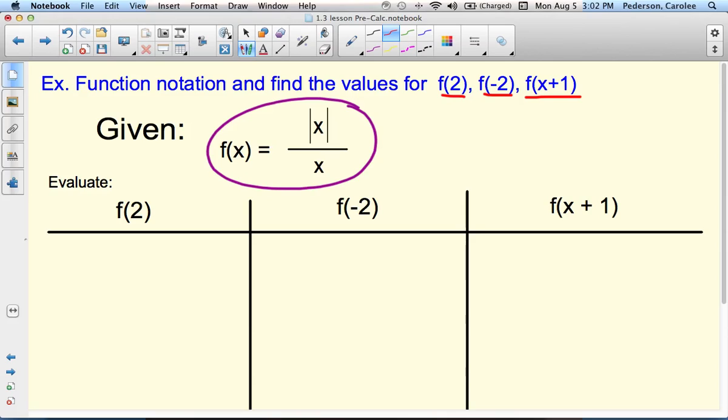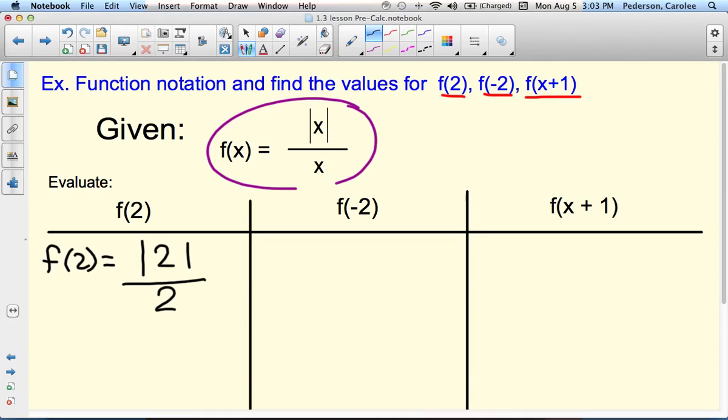So let's do f of 2. So we replace in for x and x. To find f of 2, I replace the numerator, which is the absolute value of x, with 2, over the denominator of x, which is 2.